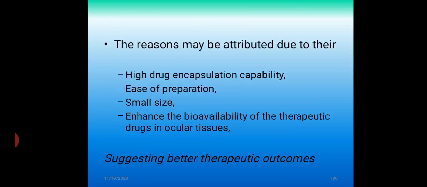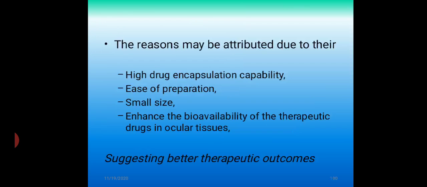Nanomicelles can carry a higher amount of drug within the micelles. That means even if you administer a small volume of micelles, this can lead to administering a higher amount of drug into the ocular cavity.